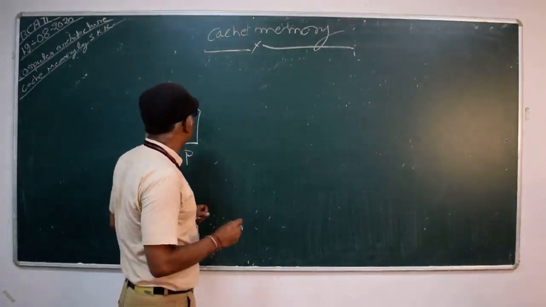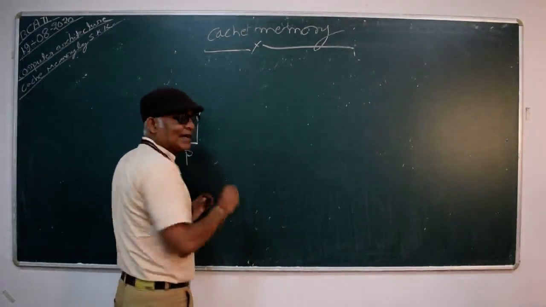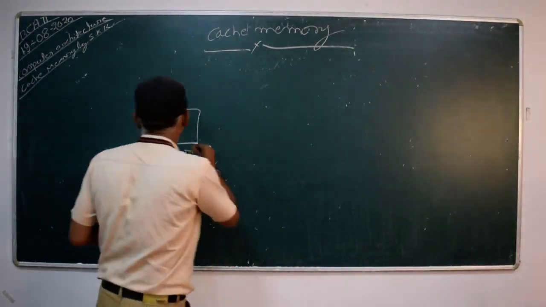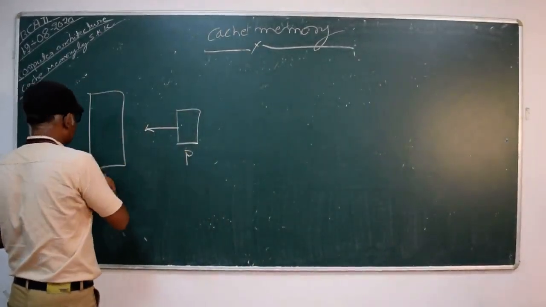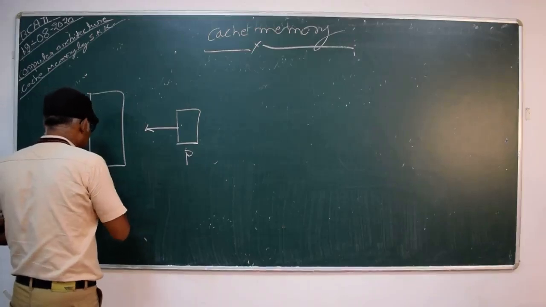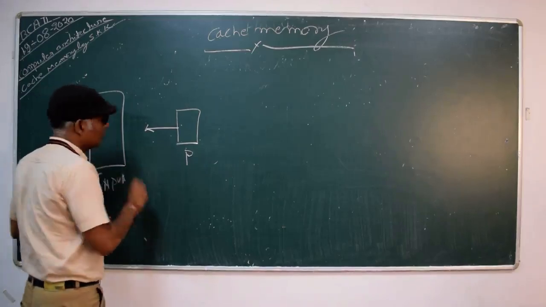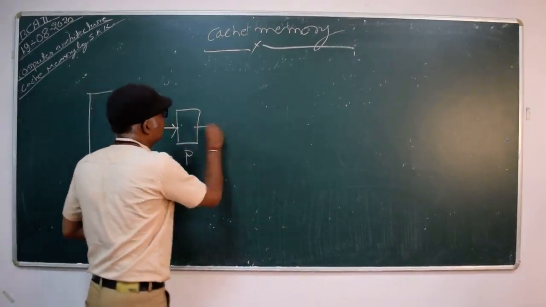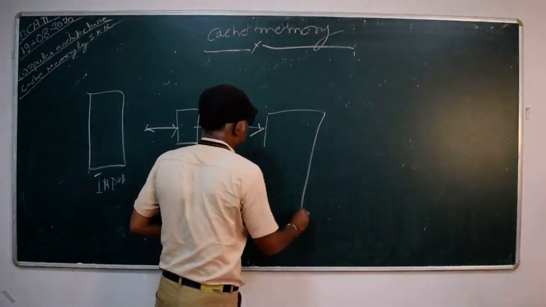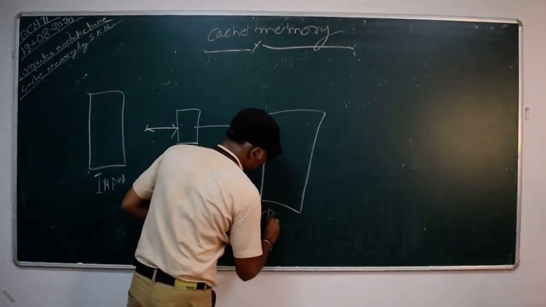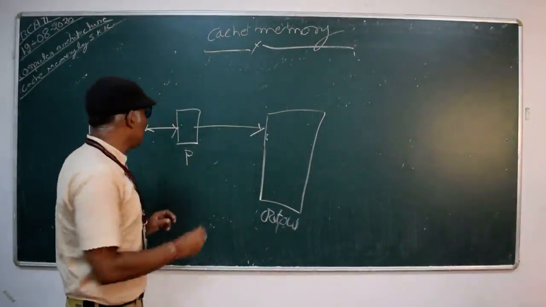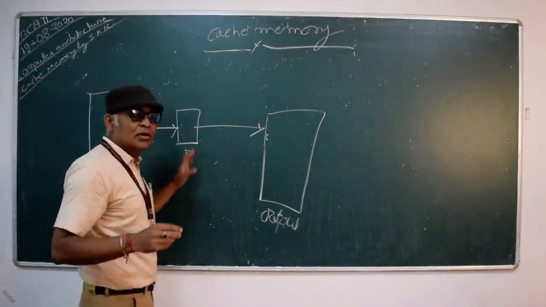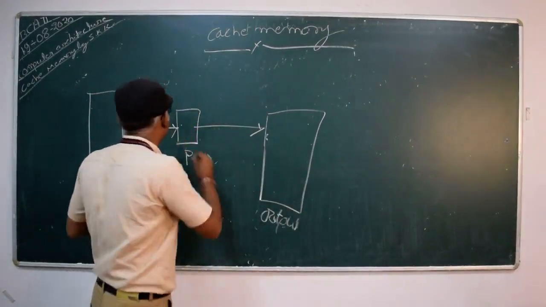That processor gets all its instructions from some input device, and after processing, it presents the result to some output device. Now, this CPU has various elements on its board.